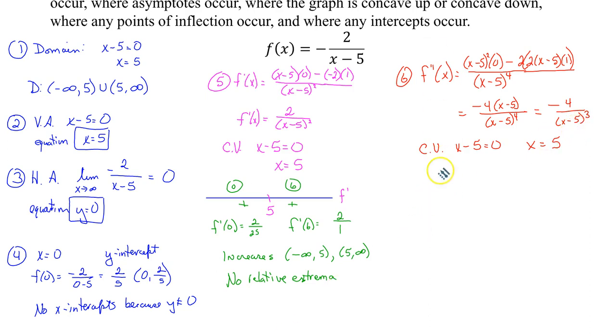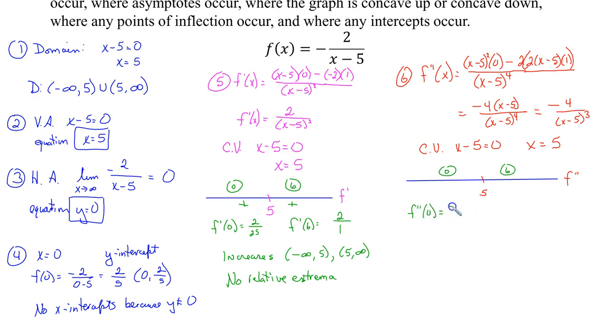So I'm going to draw my second derivative number line. My second derivative number line again is going to have that same critical value of 5. I'm going to place these values on the number line. 0 is a very nice value. 6 is again a nice value. I'm evaluating the second derivative at each of these.